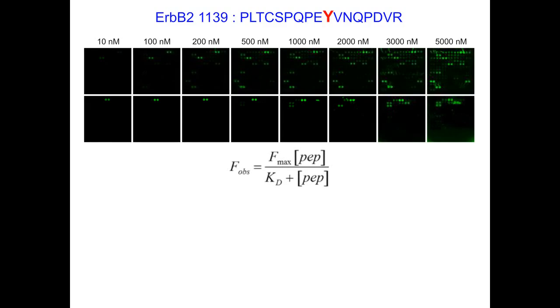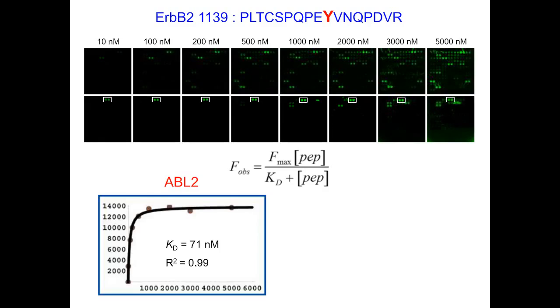And when we used a saturation binding curve, we could fit affinities. There were some peptides that maximized their signal at very low concentration, such as the ABL2 kinase that bound to this particular protein, HER2, also known as ERB2, and the specific phosphorylation site here is tyrosine 1139.